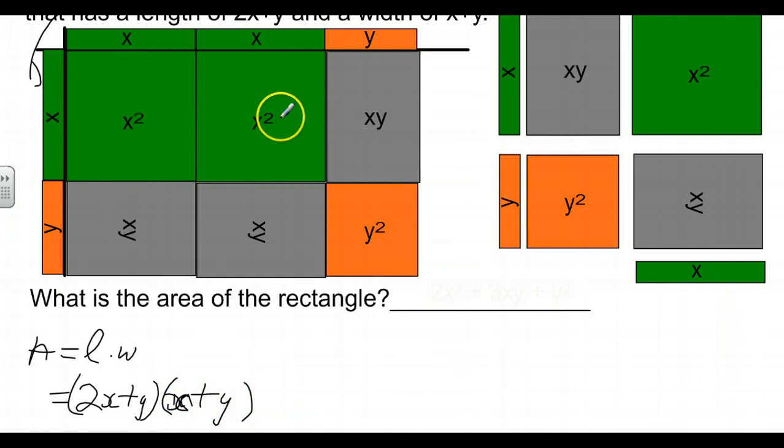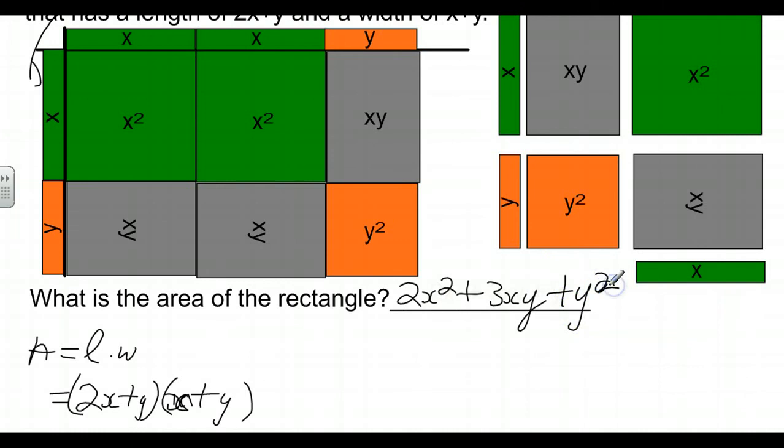Remember, this is the factored form, the area form, length times width. This is the area, that's the simplified form. 2x squared. Now, what have I got? I got 1, 2, 3 of these guys, plus 3xy, and one of these guys, plus y squared.